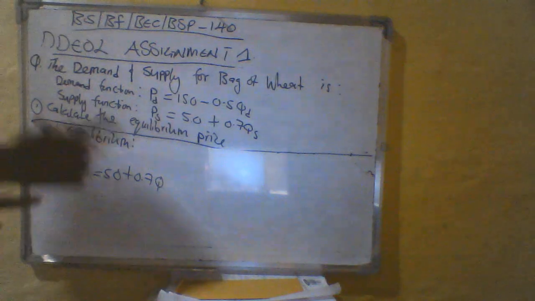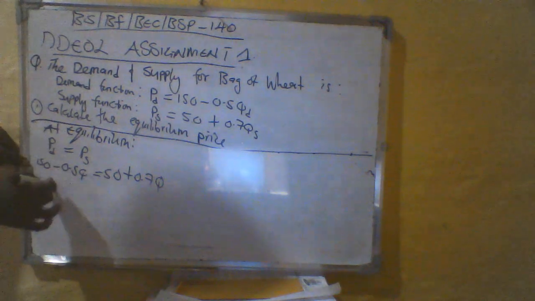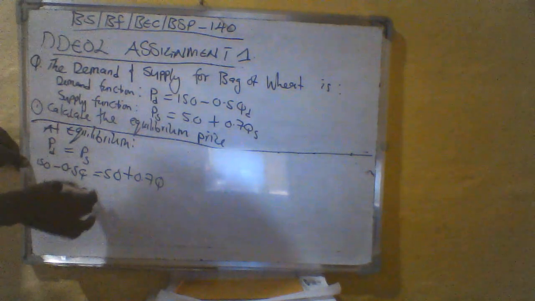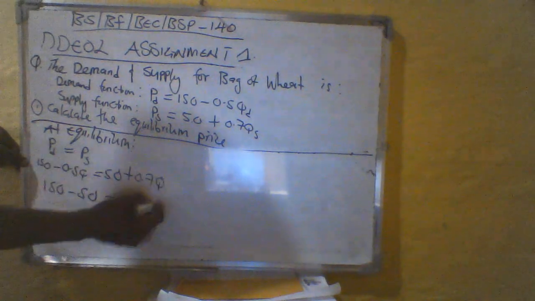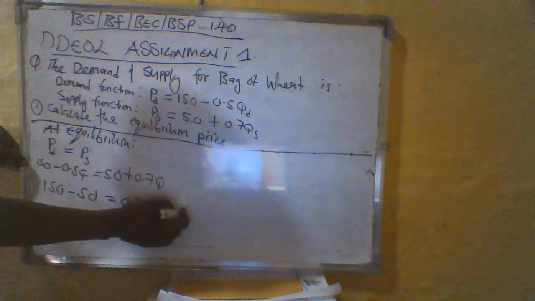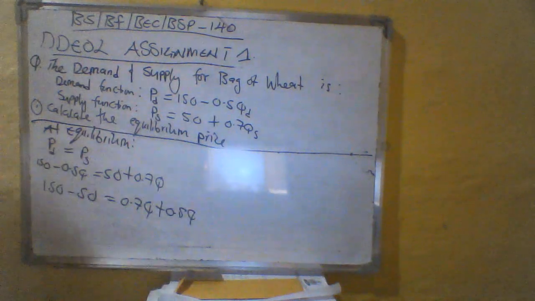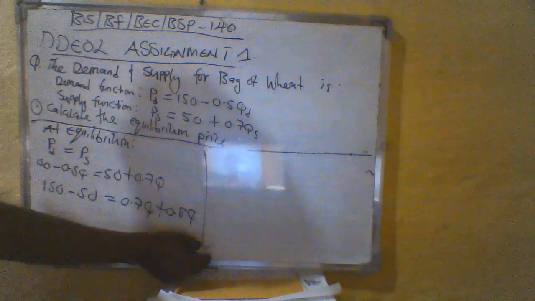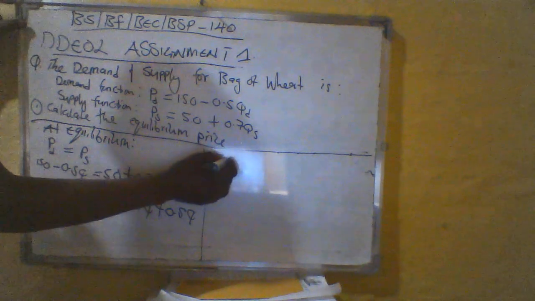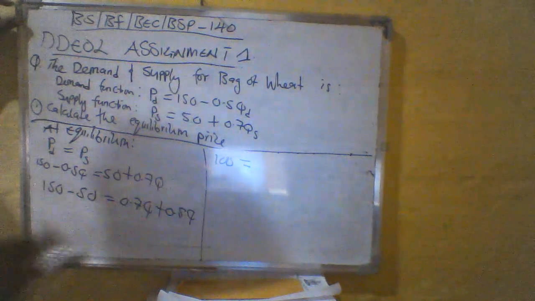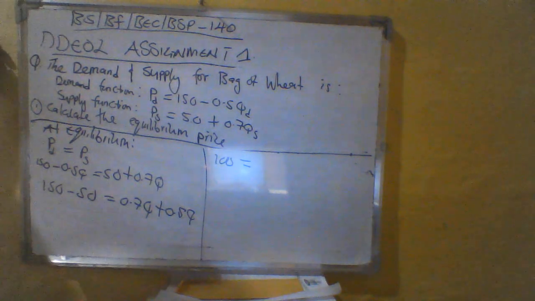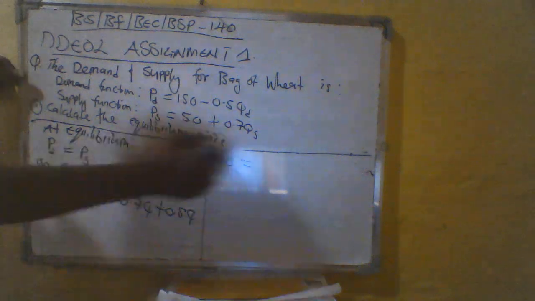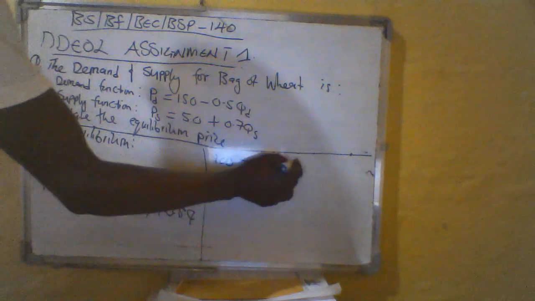So if I group like terms together, this will be 150 minus 50 equals 0.7Q. When this one crosses, it becomes plus 0.5Q. So with like terms together, I'm going to have 100 equals 0.5 plus 0.7, which gives 1.2Q.